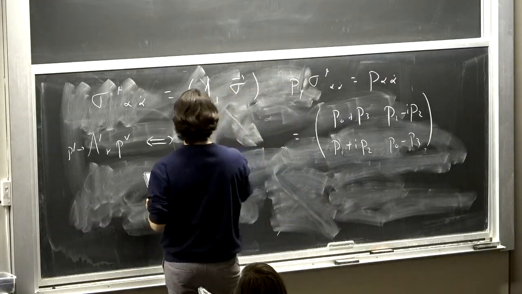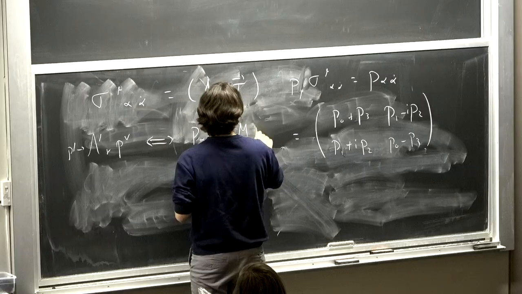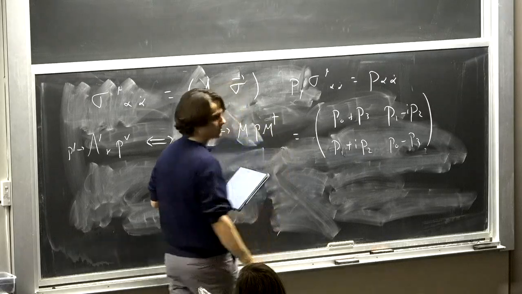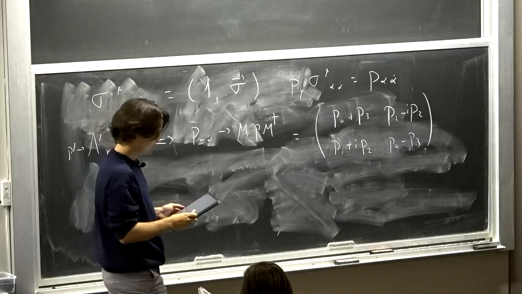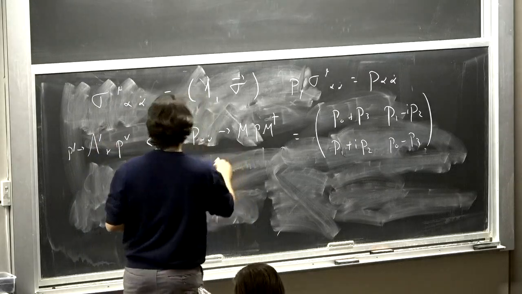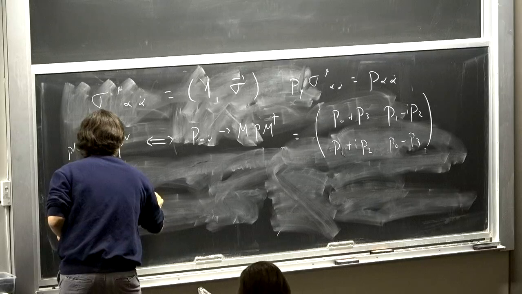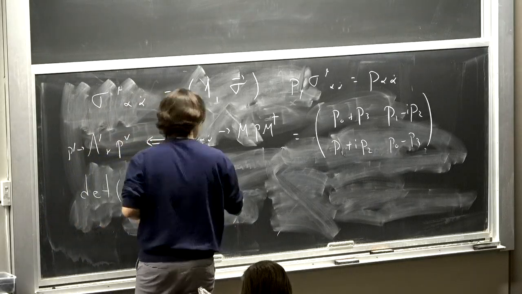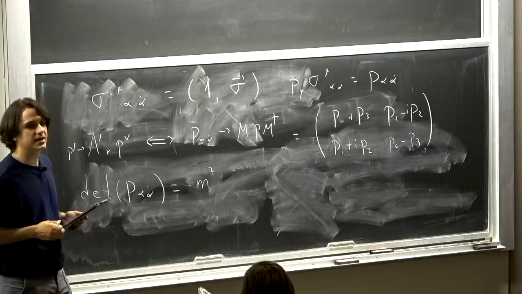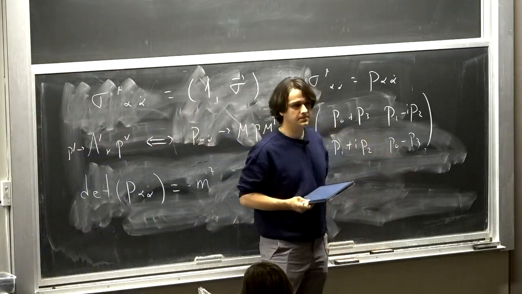This will take this P alpha alpha dot to M P M dagger with the appropriate indices. Now, a nice thing about this matrix is that the determinant of this matrix is precisely the mass squared. You can check that pretty easily just from this.